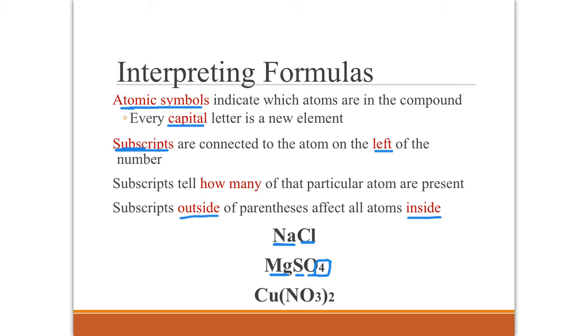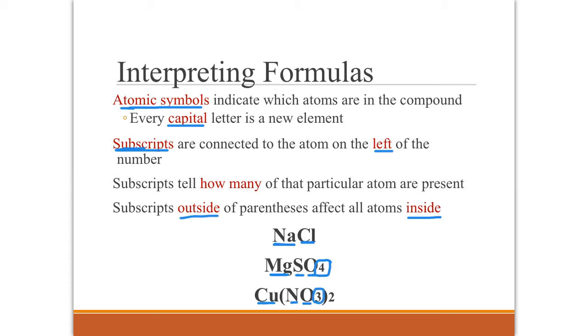And then our more complicated formula on the bottom, copper nitrate. Again, you see we've got a capital C with a u after it. That's our copper atomic symbol. We have a capital N and a capital O. So there are 3 different kinds of elements in this compound. Inside the parentheses, the little 3 subscript applies to the oxygen.